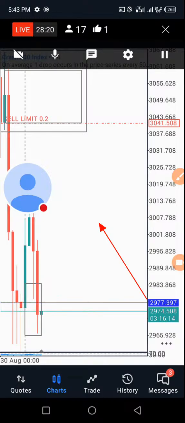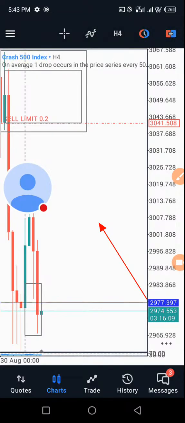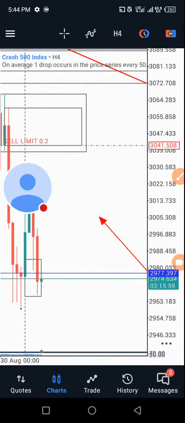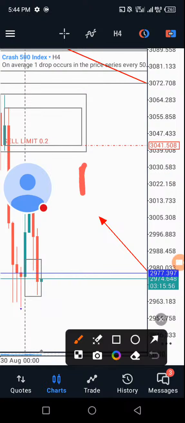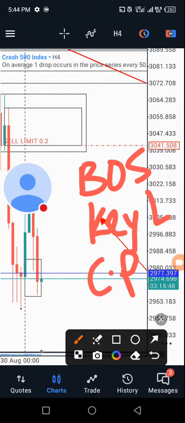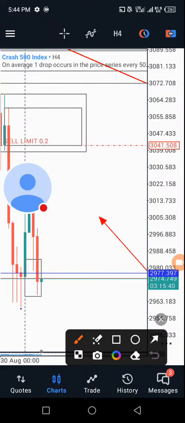So if you have a strategy, I believe everyone here in class has a strategy. Either you are using my strategy, the one you got from the mentorship course, or you have a better strategy. The thing is, everything still follows the same foundational principle: your break of structure, your key levels, your candlestick patterns, your chart patterns, your bias.